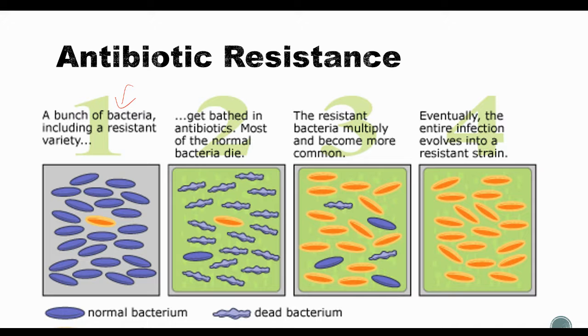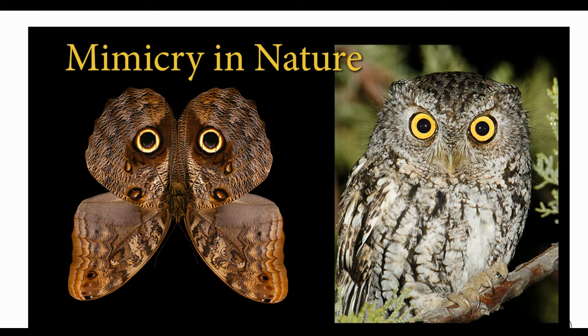It's just random. They all get bathed in antibiotics. Most of the normal bacteria die. The resistant bacteria then, though, can multiply and they can become more common. Eventually, the entire infection could evolve into that resistant strain, and then you would need to treat with a different antibiotic in order to kill those resistant bacteria.